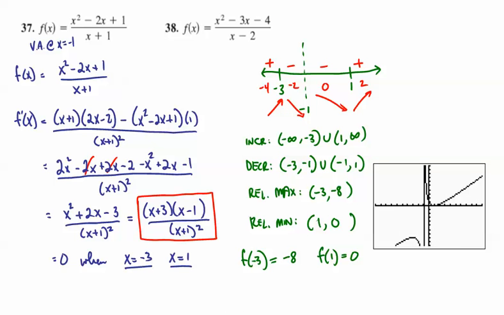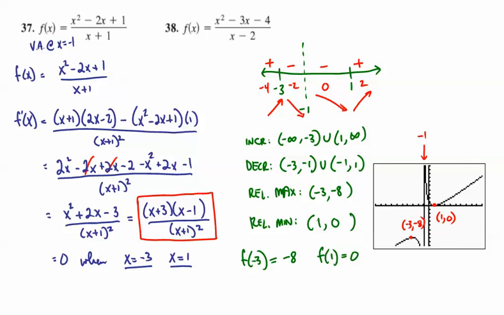We'll place that on our workspace, and we can see, first of all, we do have our vertical asymptote at -1. We have our maximum value, which appears to be right there at -3 and -8. We have our minimum value, which was at 1 and 0.